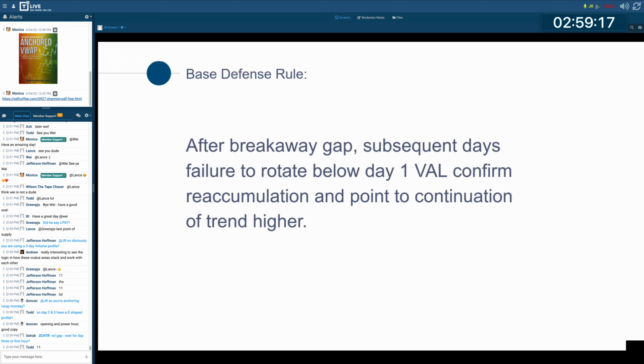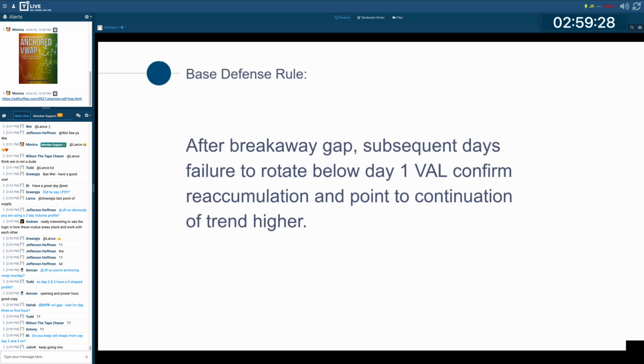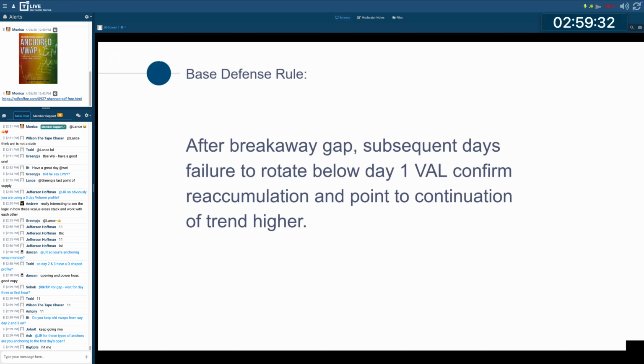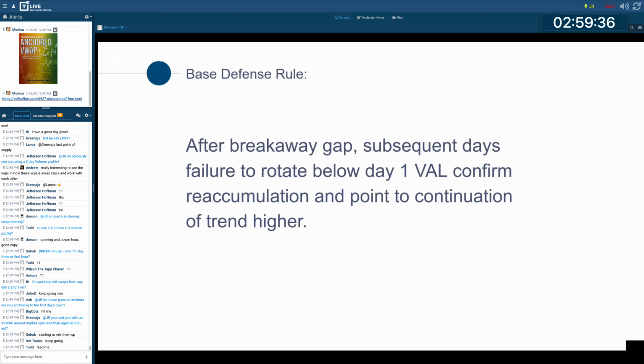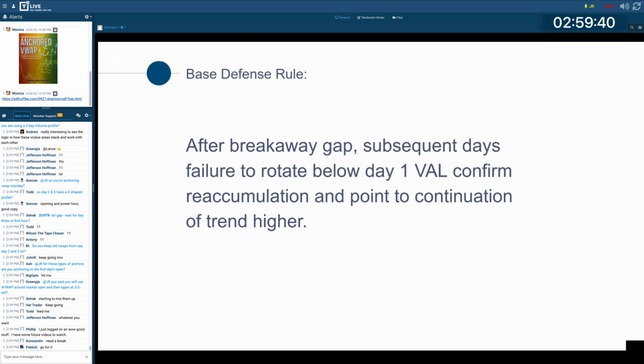Are you guys starting to feel overloaded? We got 1, 2, 3, 4, 5, 6, 7 more rules. You guys want to stop here, or do you want to just get through the rules? You said you will use anchored VWAP around market open, and yes, I will.